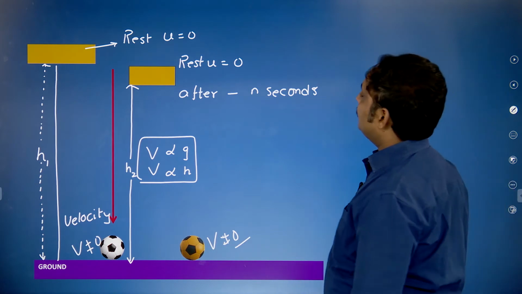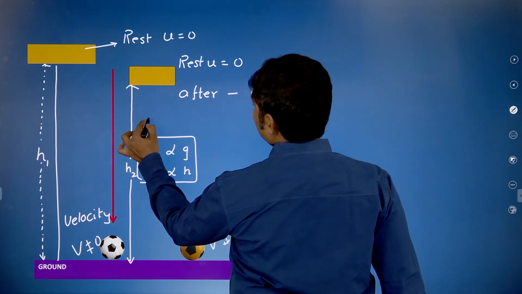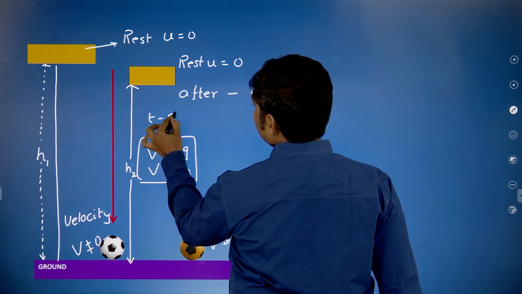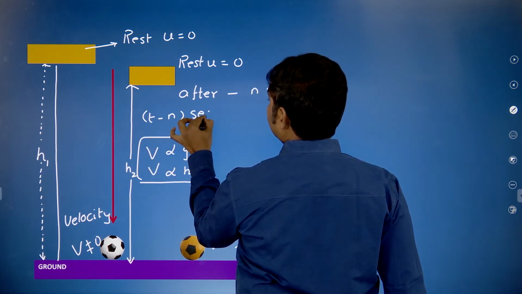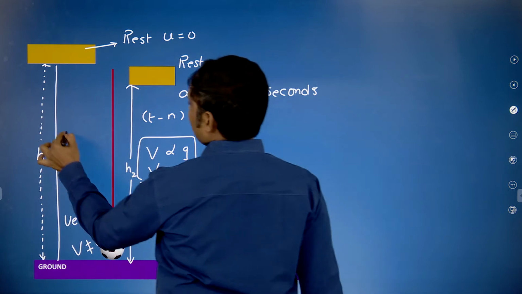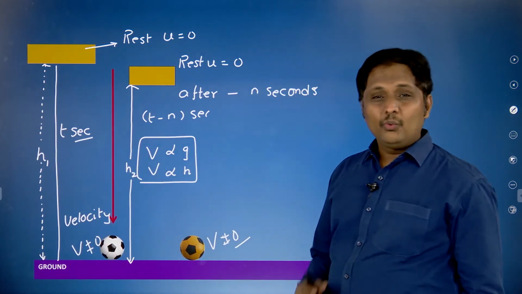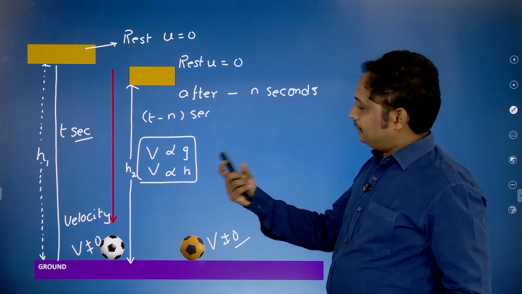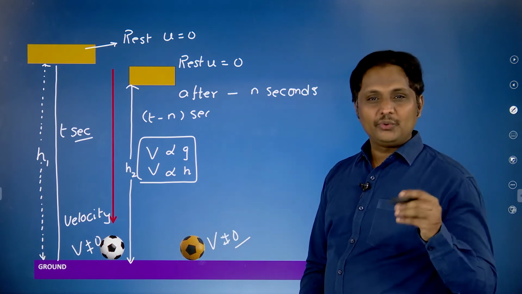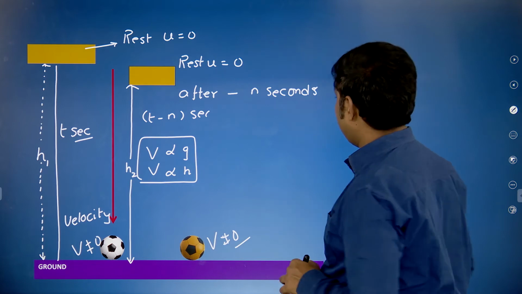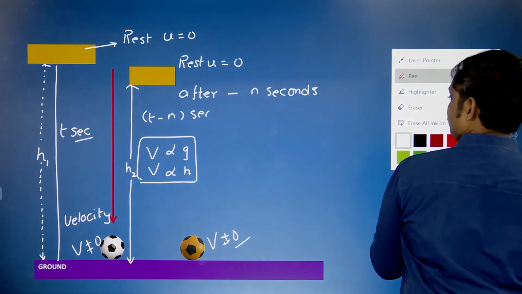It has been taken that the second ball travels for t minus n seconds, and the first for t seconds. If you want to frame the relation between H1 and H2, you have to consider the equations of motion. Let's have a look into that.